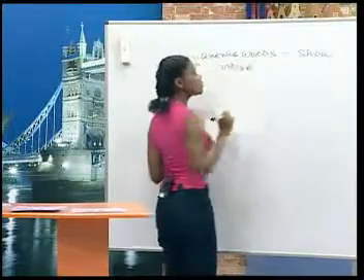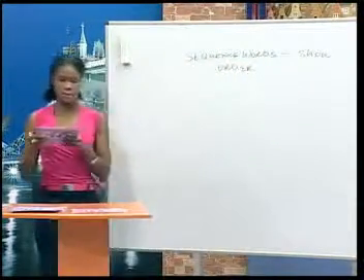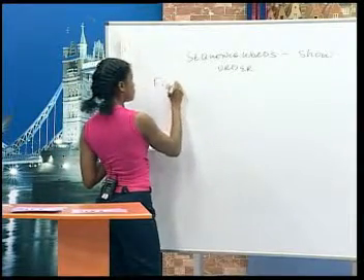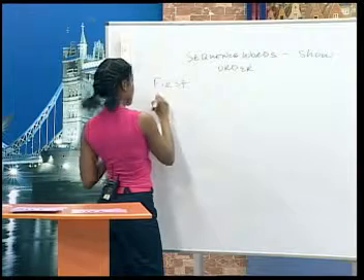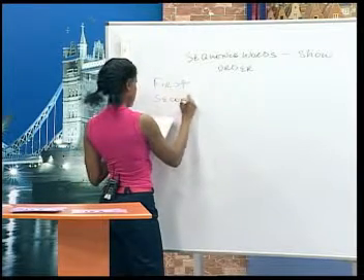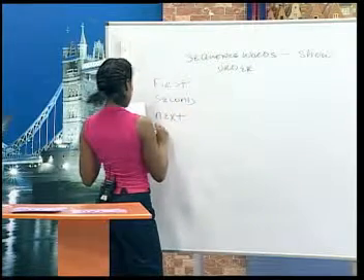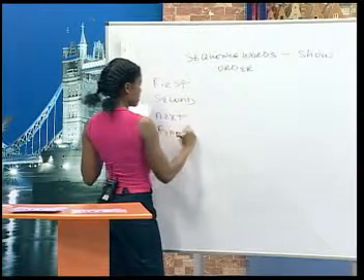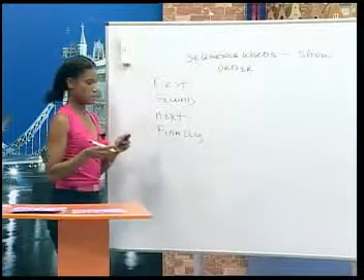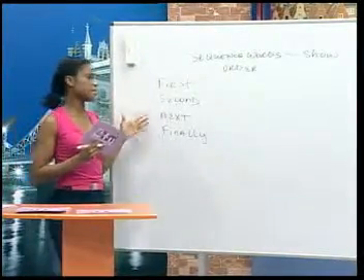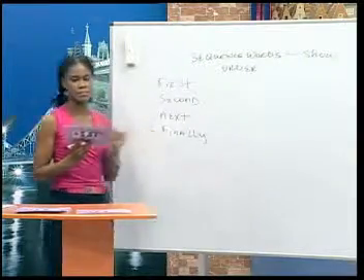They tell us which order the events happen. Some examples of sequence words are first, so of course something happened first. Second, next, finally. Okay, so first, second, next, finally.